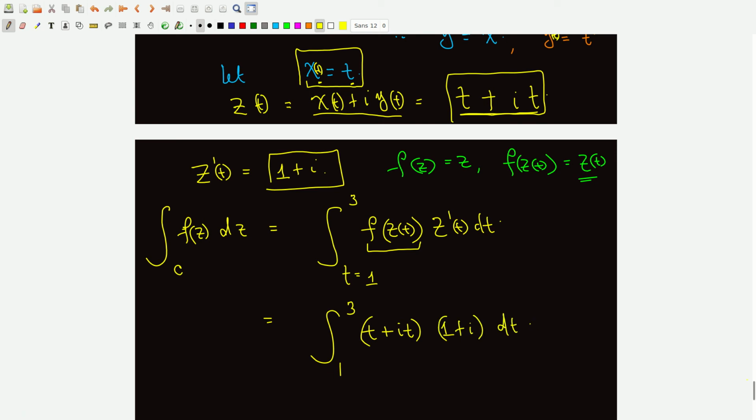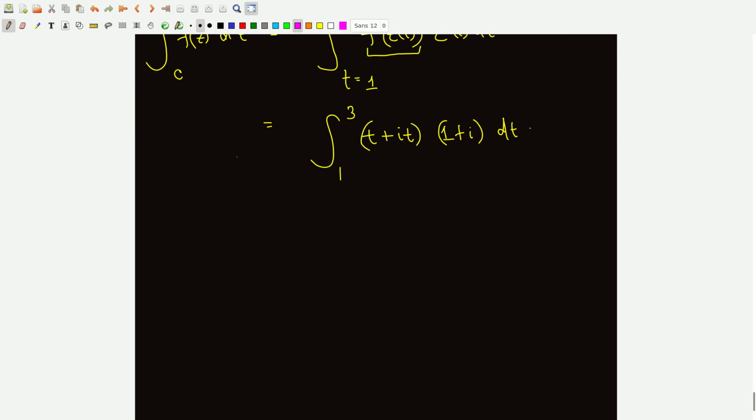So now the rest is a piece of cake for you, I suppose. The rest is just from 1 to 3: this and that, you have t, then this and that, you have it, then this and this, you have it, and lastly it and i, you have i squared t. i squared is minus 1, so you have minus t, and then dt here.